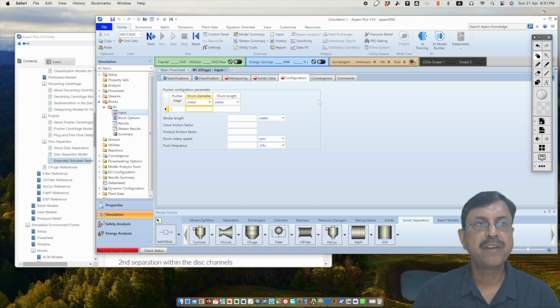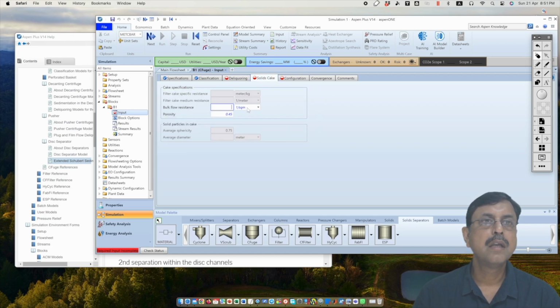SIF, friction factor, product friction factor, you have to provide the rotary speed of the drum and push frequency. Okay, per minute or per hour, how many pushes are given in the pusher. So these are the configuration.